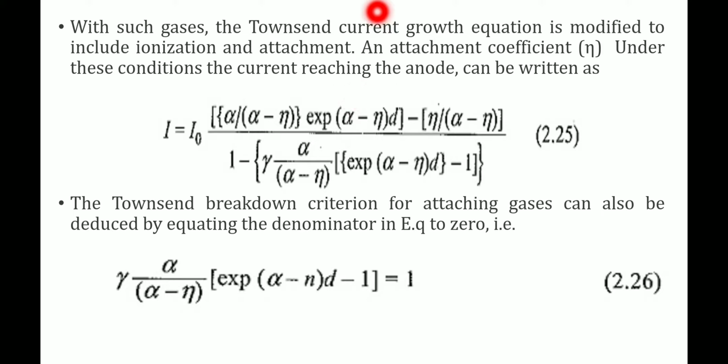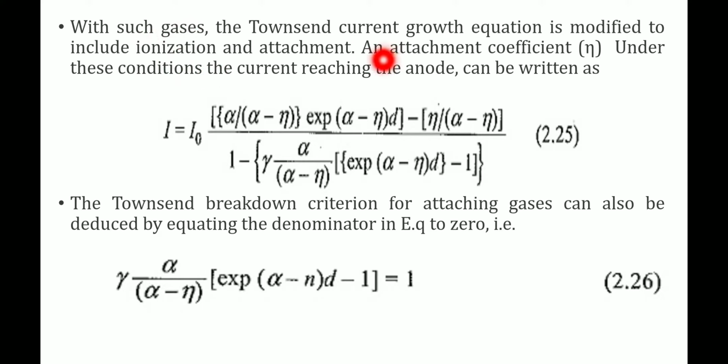That equation I had modified by including both the processes, one the ionization process and the other the attachment process. Getting my point? Because the electronegative gases are mainly because of the process called the electron attachment process. So by this electron attachment as well as the ionization, negative ions are going to be formed. By including these two processes, the current growth equation is going to be modified.